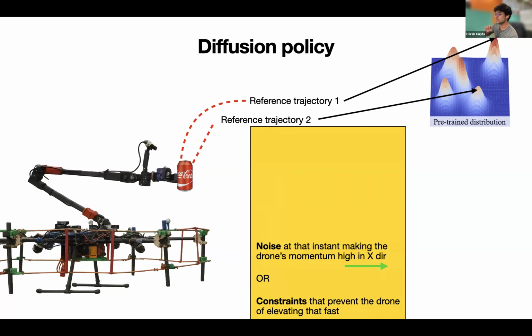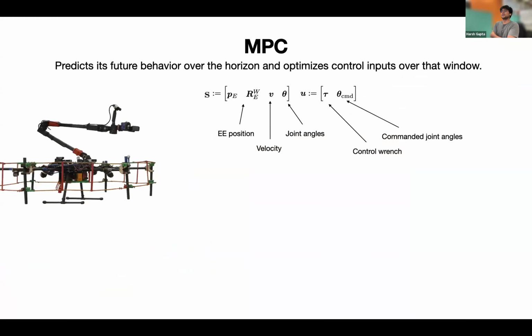How can we get something that's more in line with our controller rather than something that the diffusion policy outputs randomly? So I think that was a good time to get into what kind of controller the drone uses. For the drone, we've been using an MPC, model predictive control, which predicts the future behavior of the robot over a certain horizon, and then optimizes control inputs over that window.